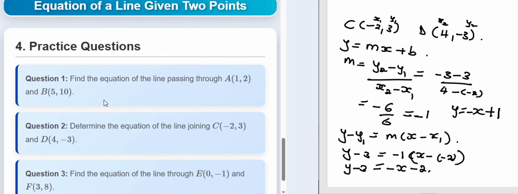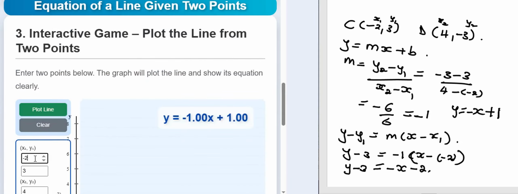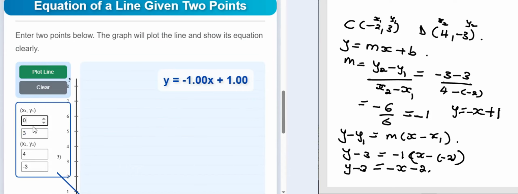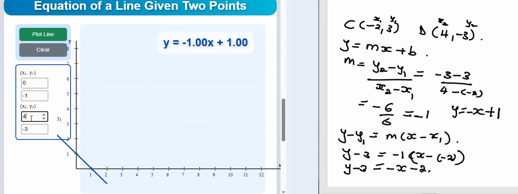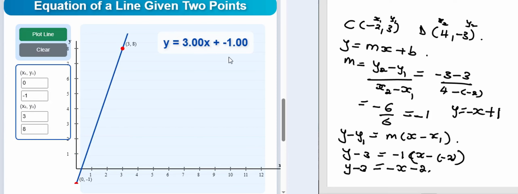So it is 0, negative 1, then 8, 3. Plot the line. Did you get the equation like this, which is y is equal to 3x minus 1, where negative 1 is the y-intercept and 3 is the gradient.